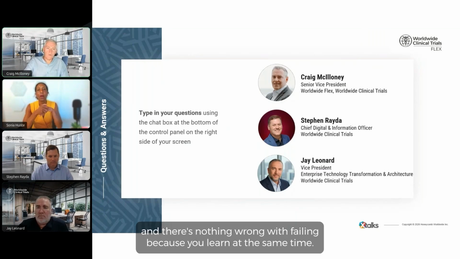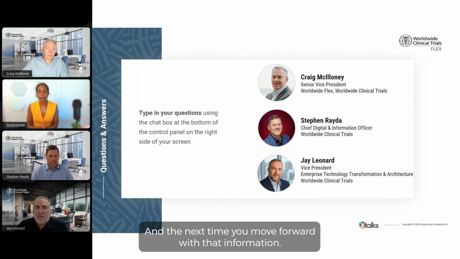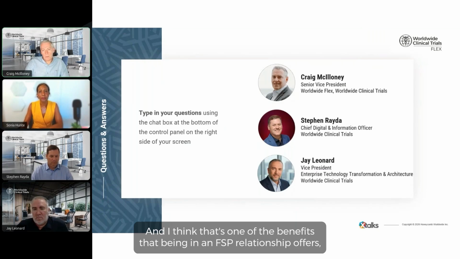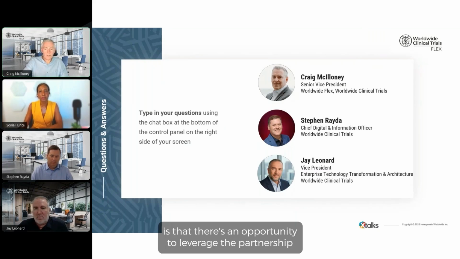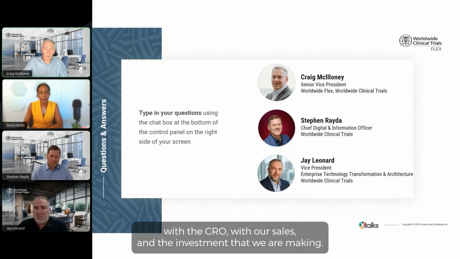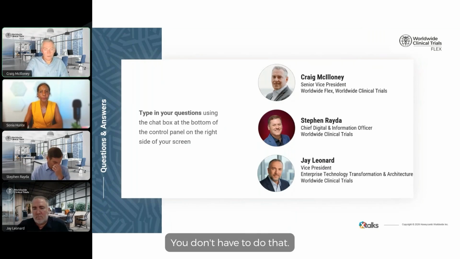And there's nothing wrong with failing because you learn at the same time, and the next time you move forward with that information. That's one of the benefits that being in an FSP relationship offers: an opportunity to leverage the partnership with the CRO, with ourselves, and the investment that we're making. You don't have to do that yourself.